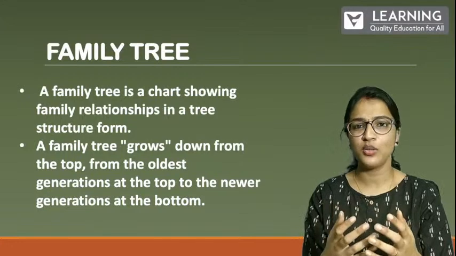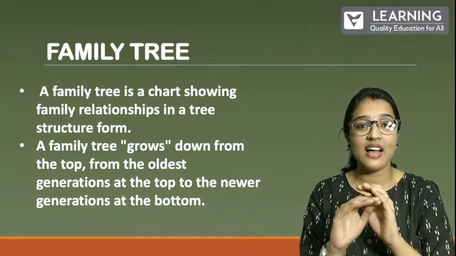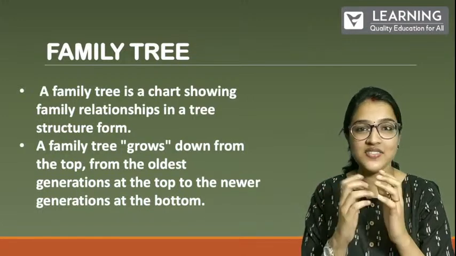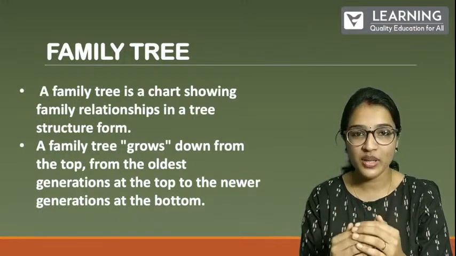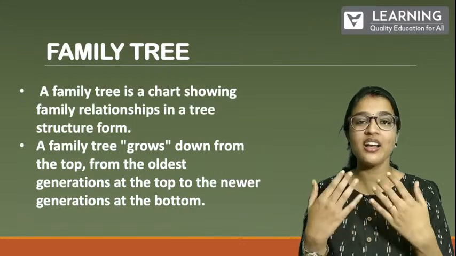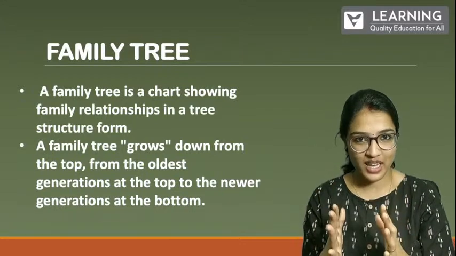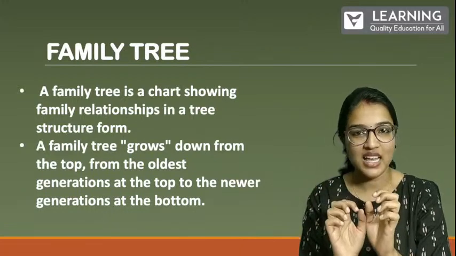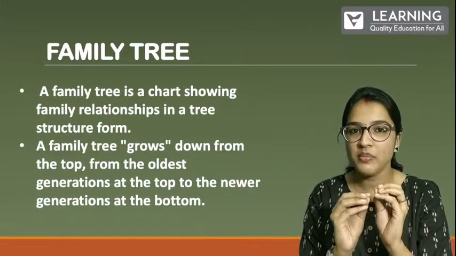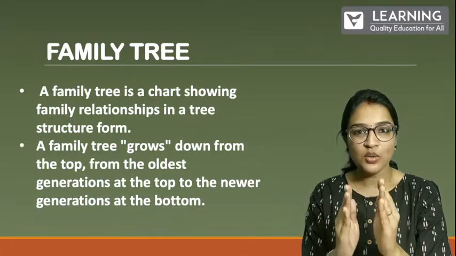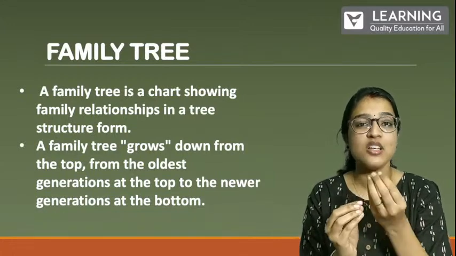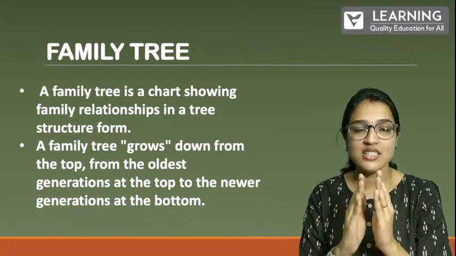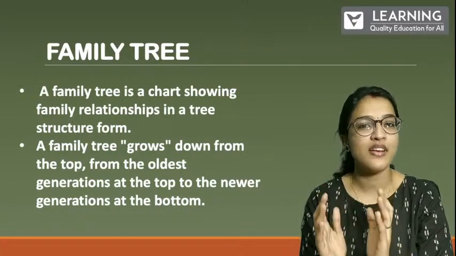As we all know, a tree has different branches, fruits, flowers, leaves, etc. So we are considering our family as a tree and there will be lots of branches, that is different families and all the family members, and we will look at these family members as fruits or leaves on a tree. That is how we will create a family tree.